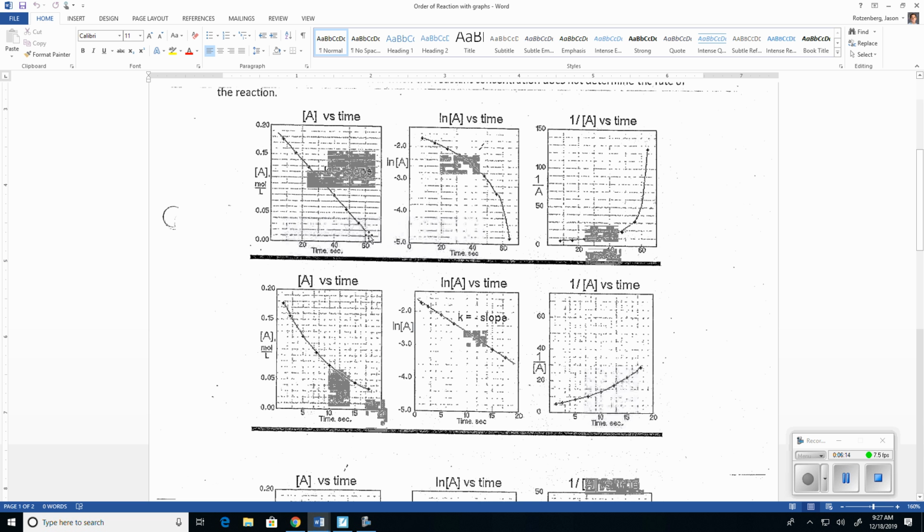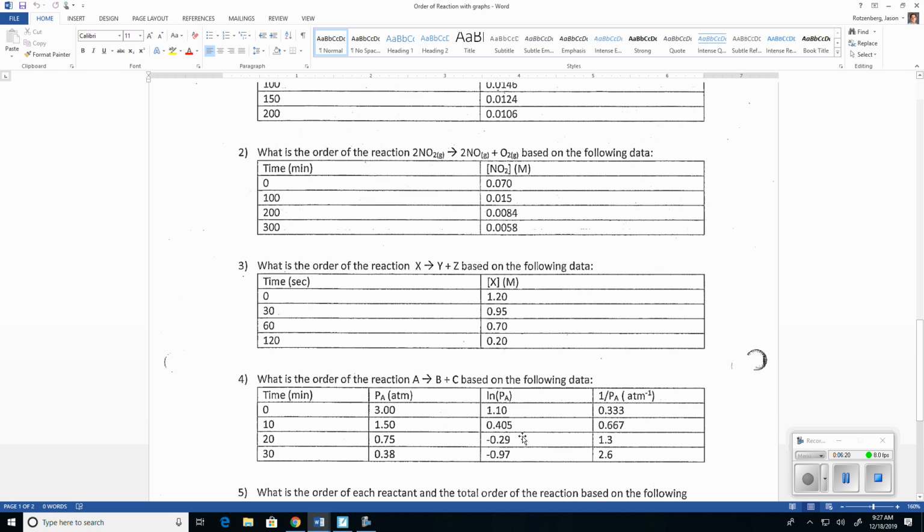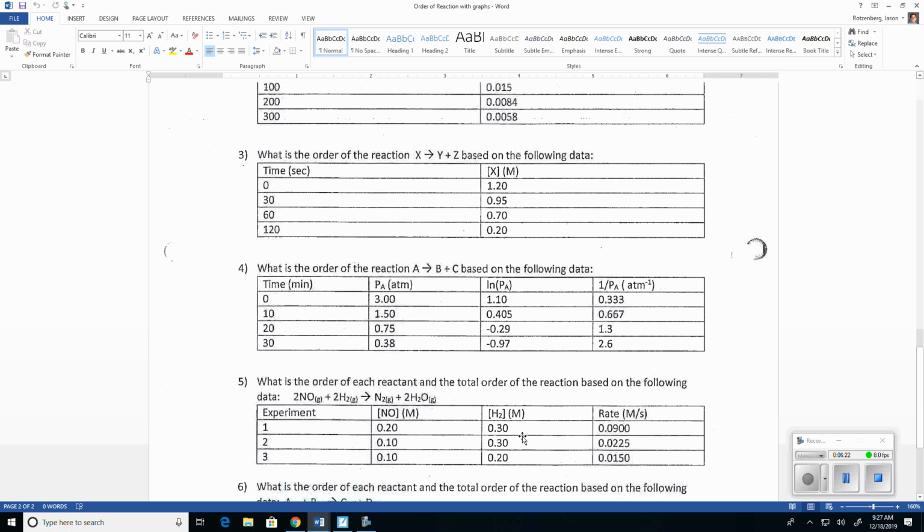When we look at which graph is linear to determine order of reaction, because that's a change in concentration over time, we want to look at the change of this per time as well. So again, what I noticed in this first one is that this changed by 1.5. This changed by 0.75, 0.37.